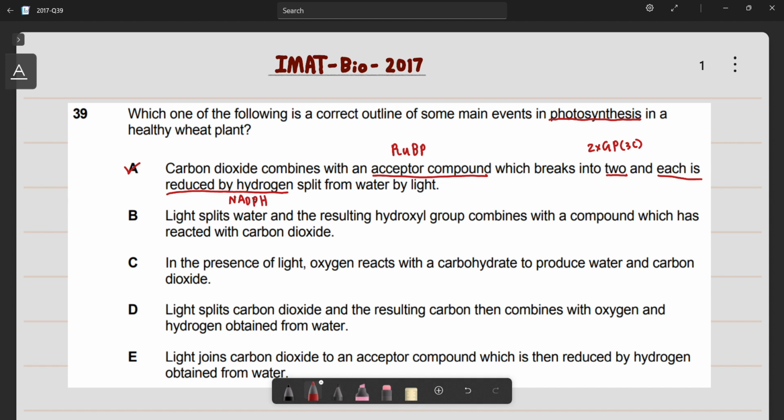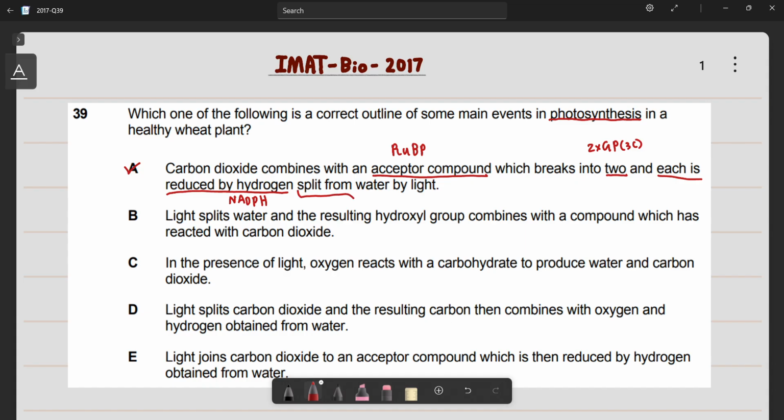So this structure provides the hydrogen for this reduction reaction to reduce GP into GALP. So NADPH acts as a reducing agent over here. Okay, so reduced by hydrogen split from water by light.